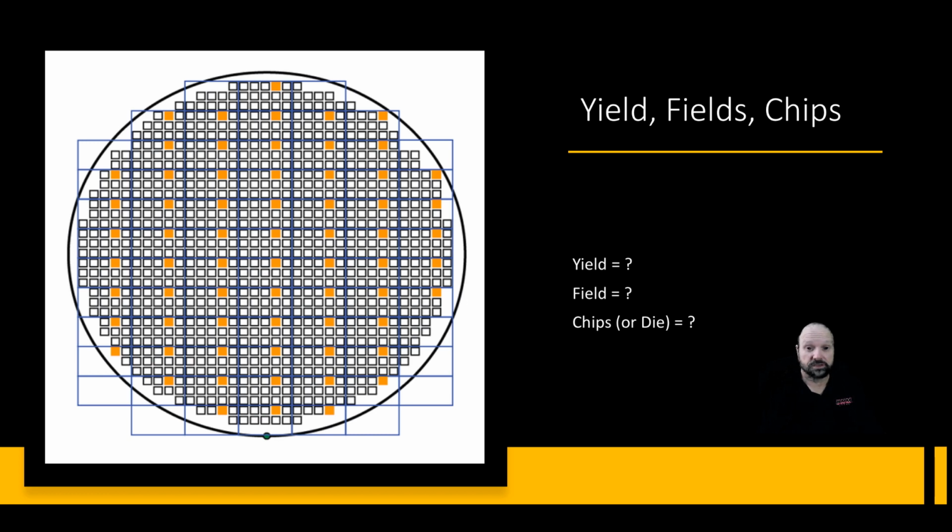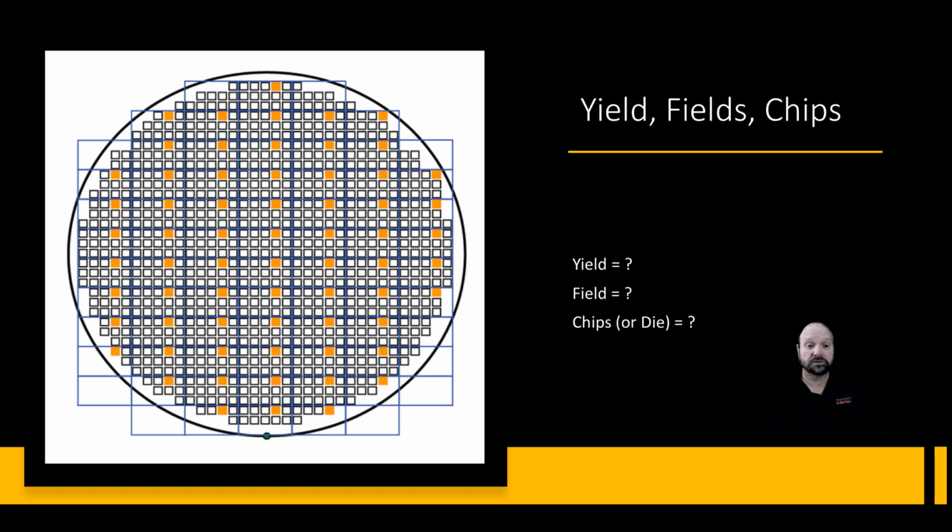In the case of semiconductors, we have the number of chips per wafer. Yield refers to the number of good electrical chips out of the total number that you can possibly make.